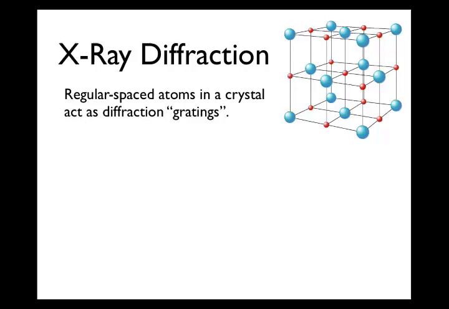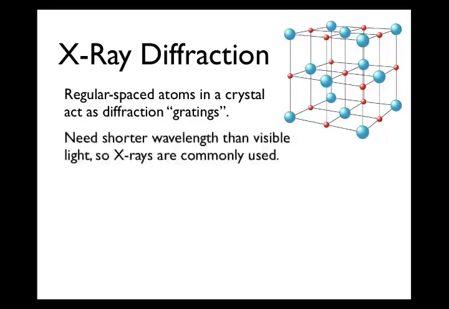Well, if you hit a crystal with some sort of light, and it's actually typically not visible light that's used, the light that bounces off each of those atoms can interfere with light bouncing off of other atoms and give you a diffraction pattern that will provide you with information about the structure of that particular crystal.